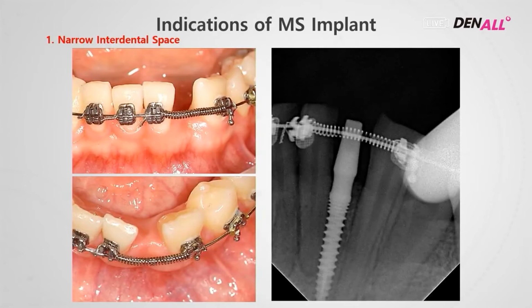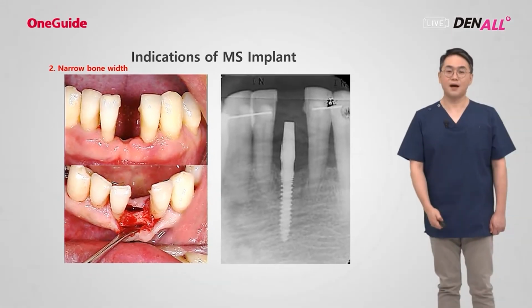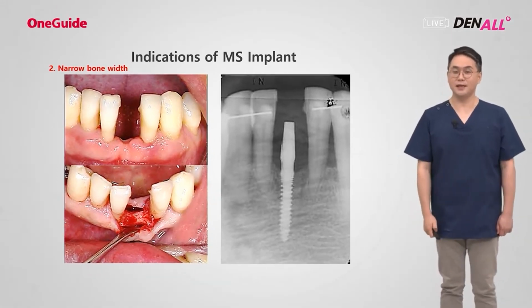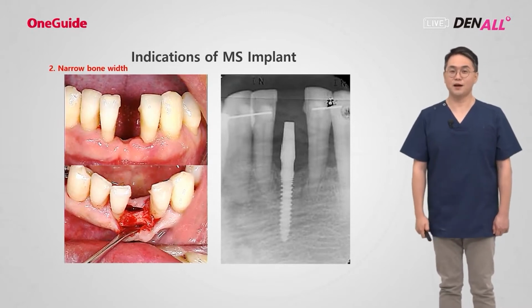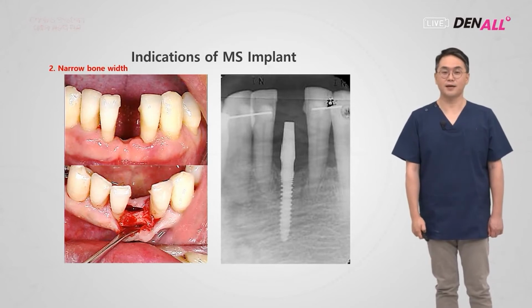In a narrow bone width, the MS implant is very narrow in width, so you can place it there. And even if the mesiodistal distance is narrow, you can use the MS implant. So for single missing cases on the lower anterior part, this is a very good system. And even for multiple missing cases, I think it can work very well.